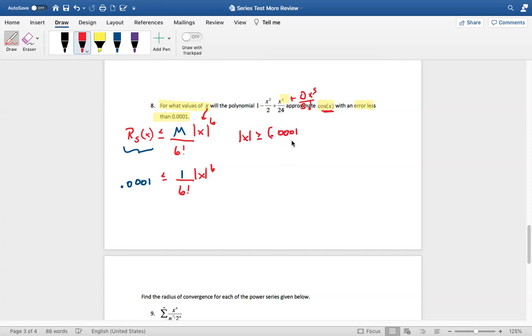is less than the 6th root of 0.0001 times 6 factorial. And I did that on my calculator and I got 0.644, oops, 645, whichever.